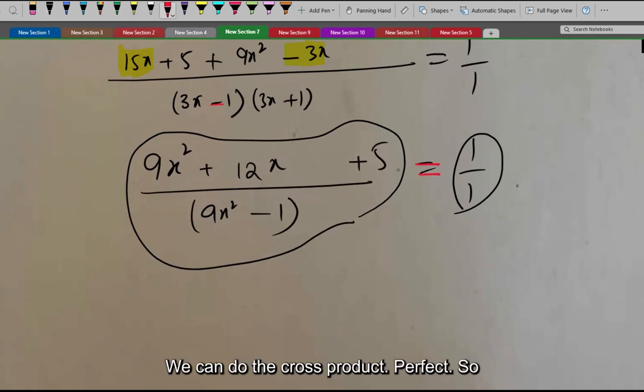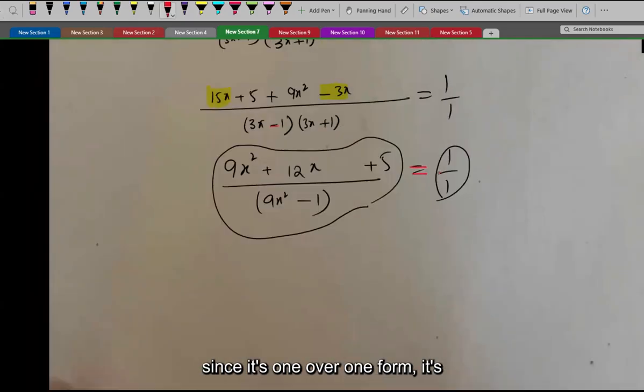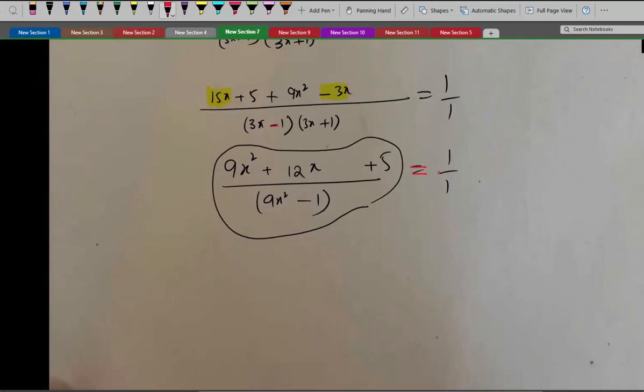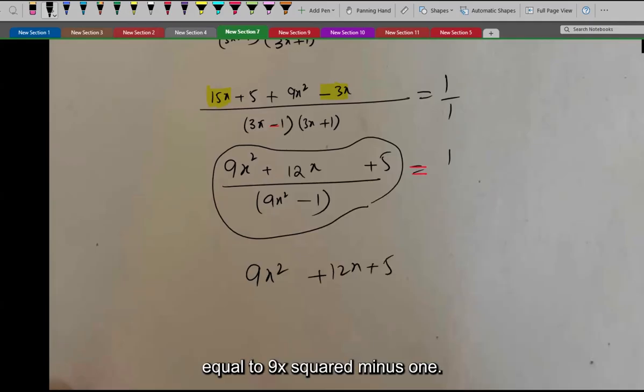We can do the cross product. Perfect. So we're gonna do the cross product. Since it's 1 over 1 form, it's quite simple. So it's gonna be just writing down 9x squared plus 12x plus 5 equal to 9x squared minus 1.